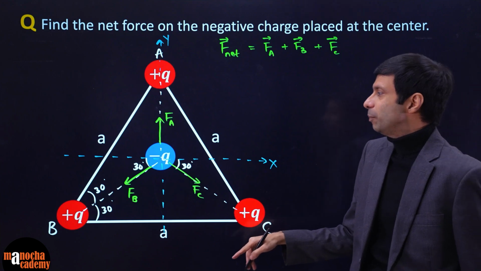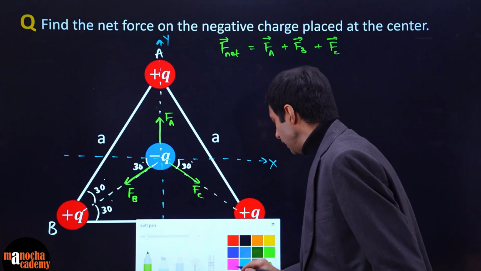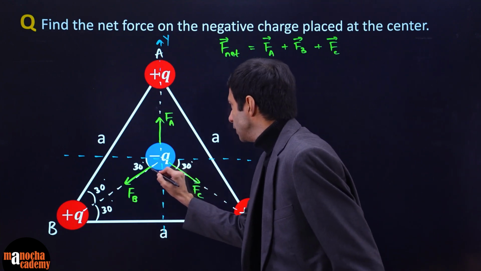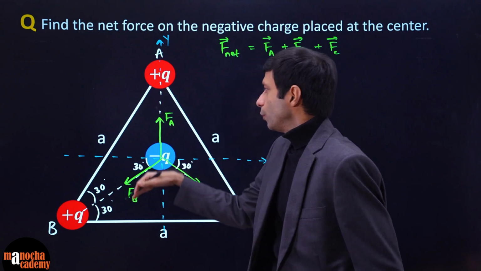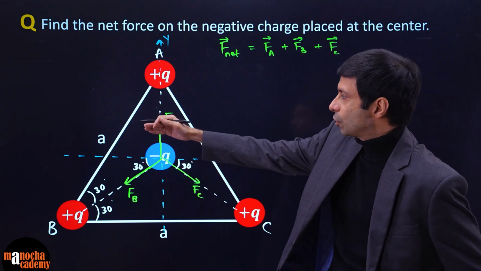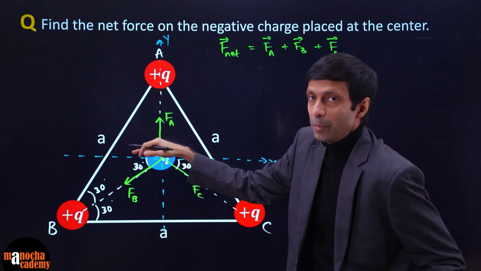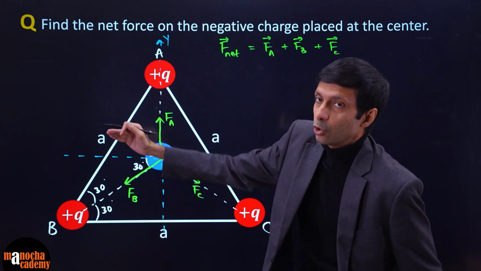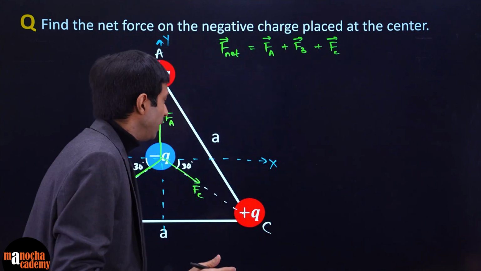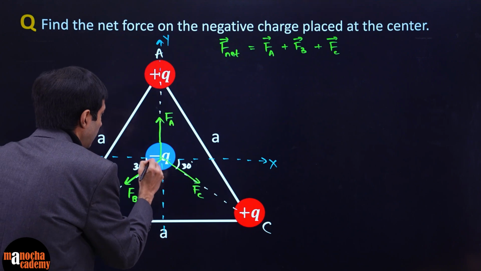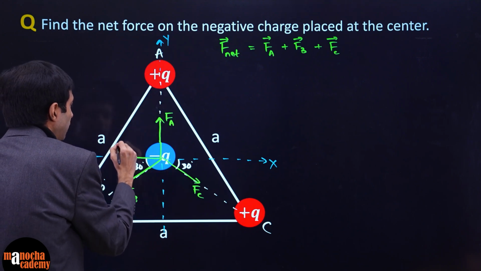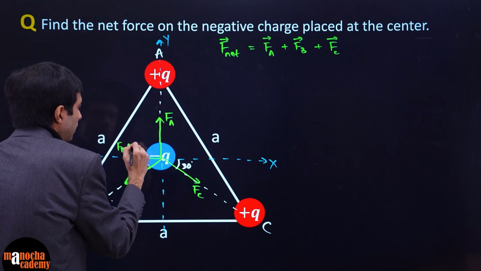So now we can easily break the components FB and FC. FB is right up to here, so we can split it into the horizontal and vertical components. This is the base, so this side is going to be FB cos theta, or FB cos 30. Do you guys agree? This is going to be FB cos 30.